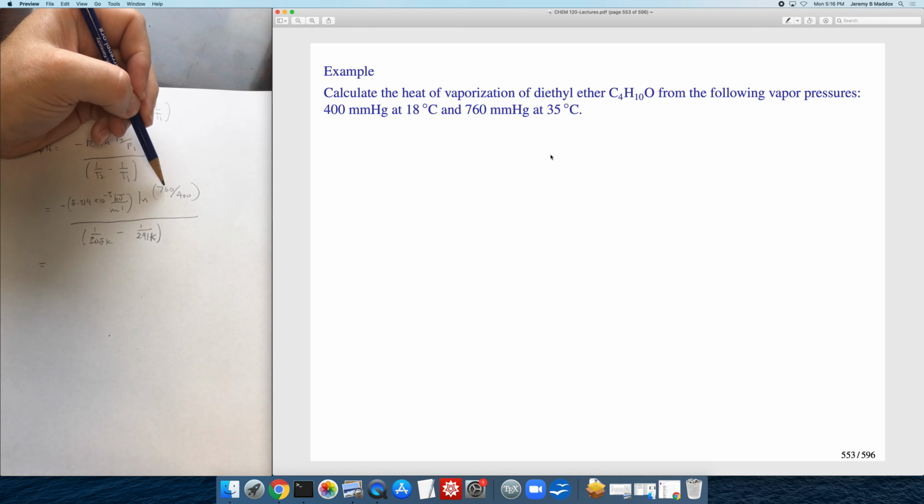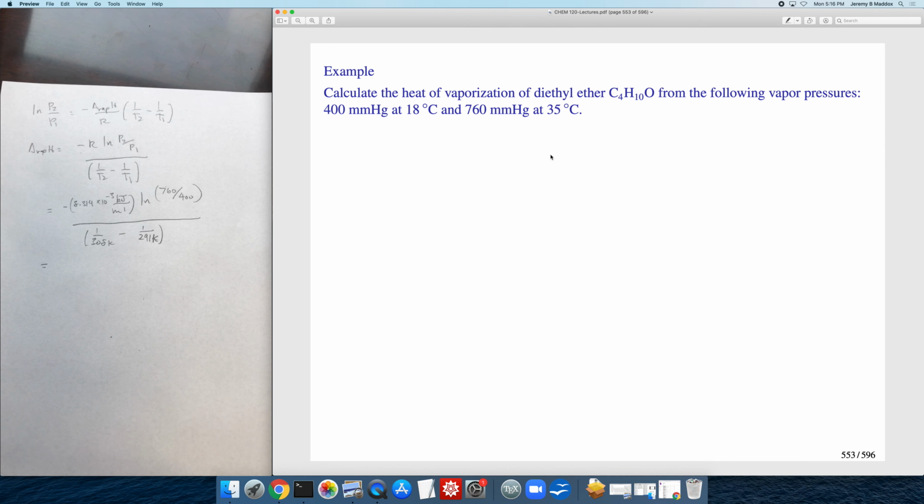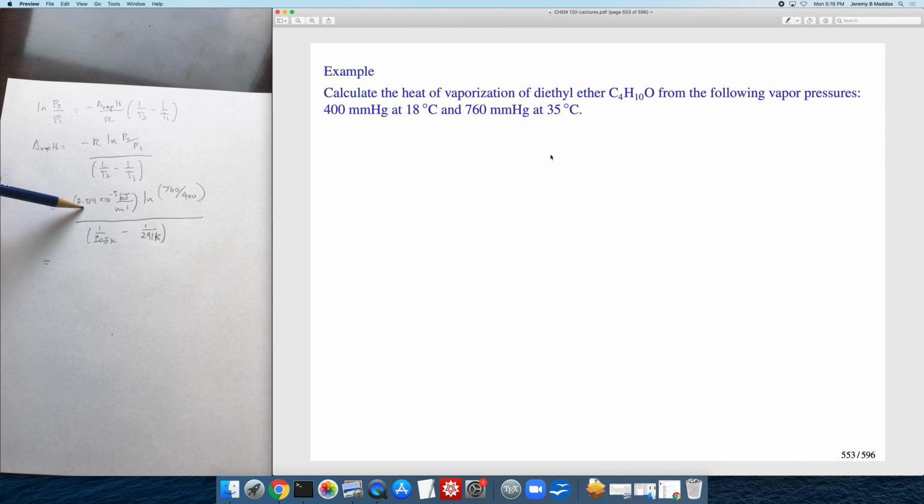Okay, so I'm going to start the calculation on my calculator with the pressures. So I'll take 760 divided by 400, and then I'm going to take the natural log of that. Now I'll multiply by the gas constant.